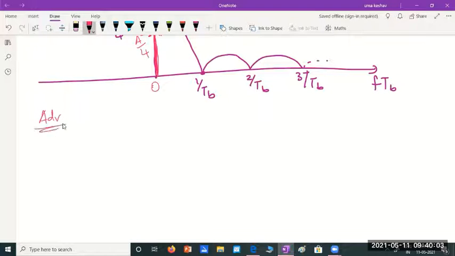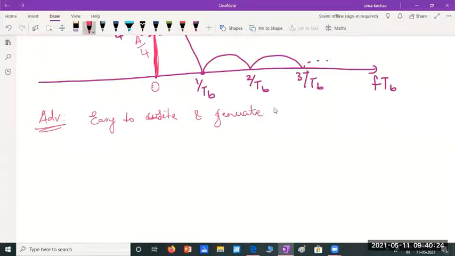What is the advantage of unipolar NRZ? It is very easy to write and generate.